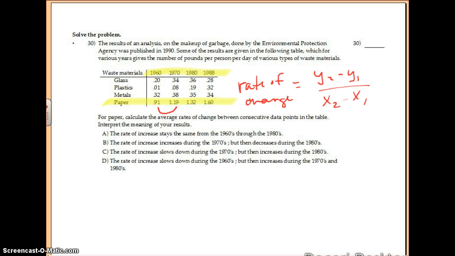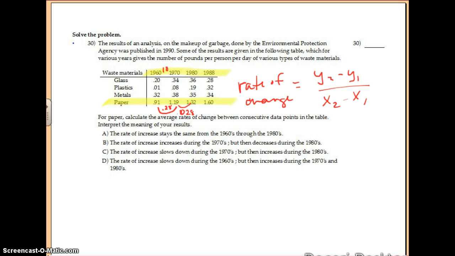So for this one, the rate of change would be 0.28, but then we're going to divide that by 10, so the rate of change for that portion is 0.028. Okay? Then we do the same thing here.